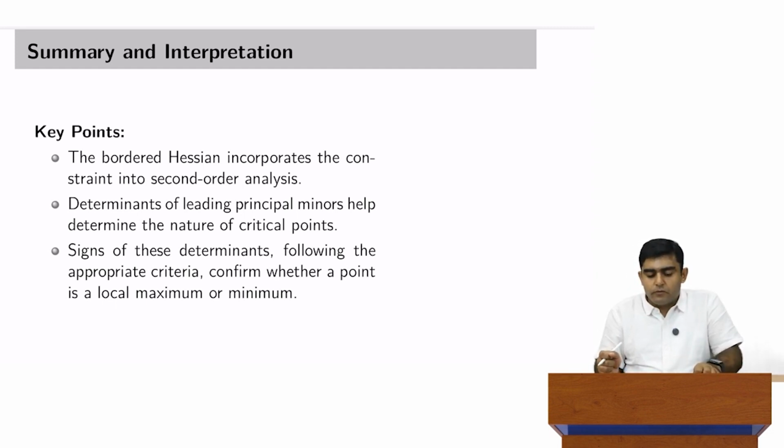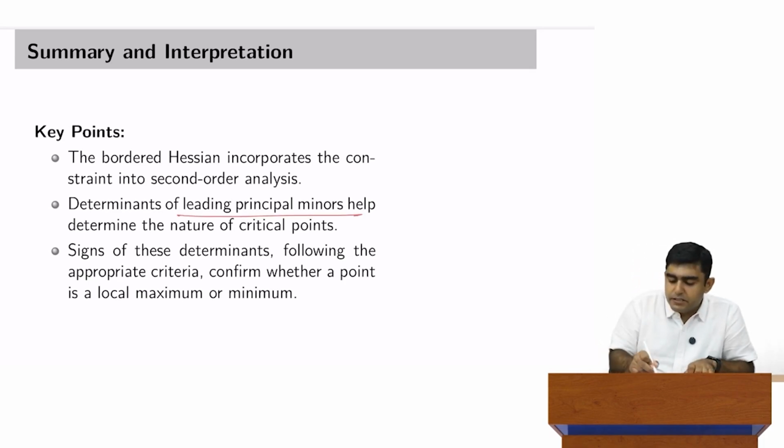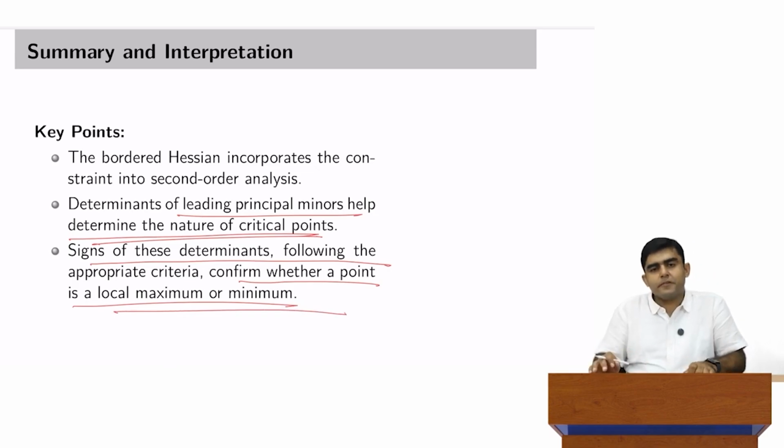So, to conclude, what we see is that the bordered Hessian incorporates the constraint into second order analysis. The determinants of leading principal minors help us determine the nature of critical points, and sign of these determinants follow the appropriate criteria confirming whether point is local maximum or minimum.